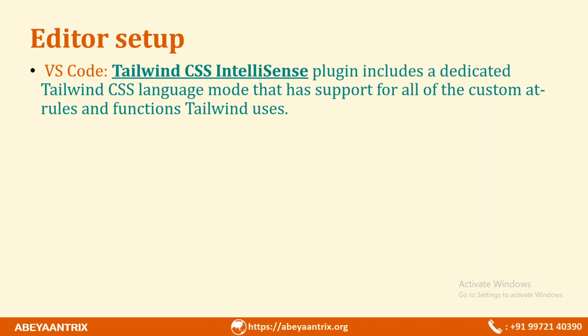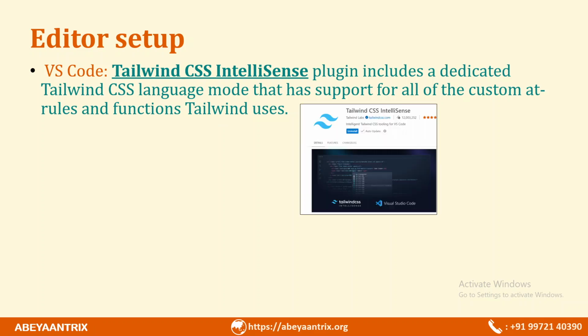It provides autocomplete and makes working with Tailwind a breeze. It makes it easy to add Tailwind classes in your program. This plugin includes dedicated Tailwind CSS language support for all custom stylings in your code.